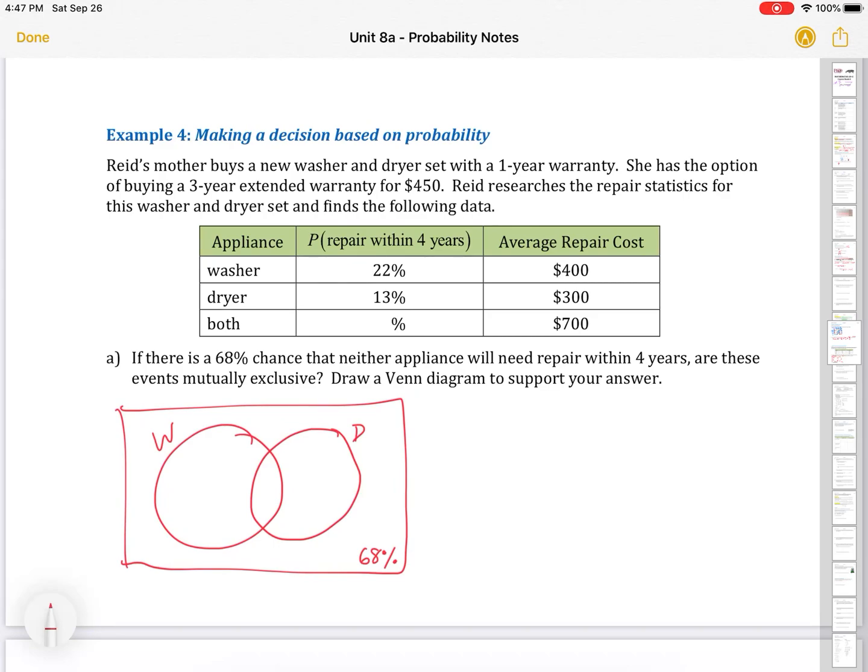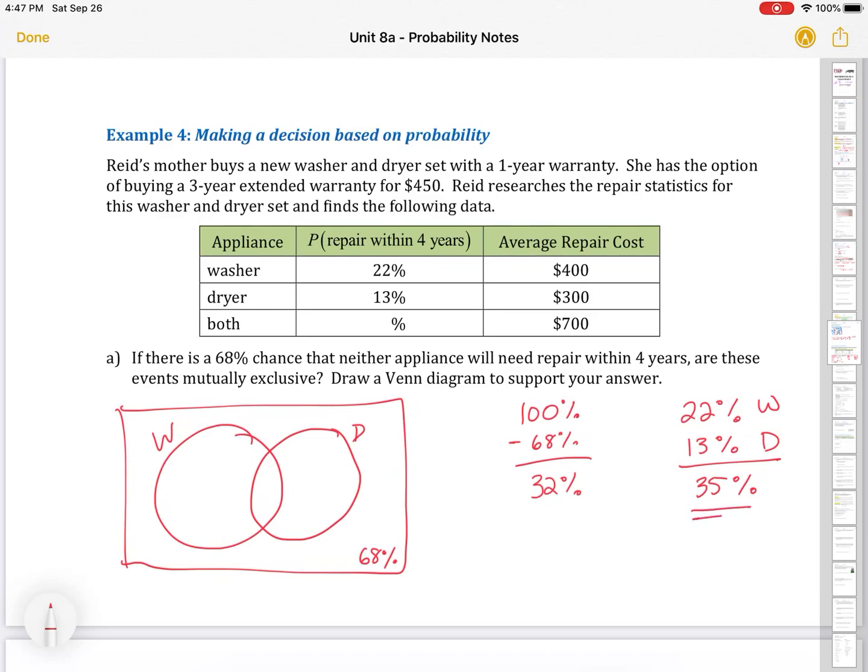No, this will be 68% out here. So remember, this has to add up to 100%. So that means the washer and dryer have to add up to 100 minus 68, right? So 100 minus 68 equals 32%.